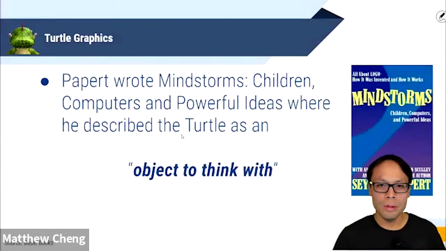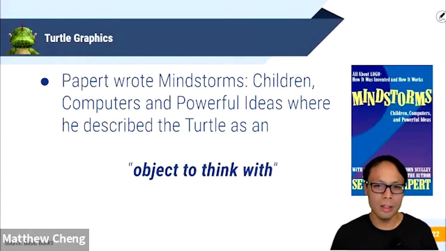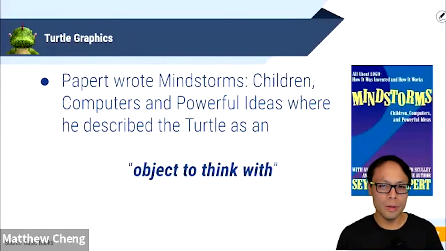Papert wrote a book called Mindstorms: Children, Computers, and Powerful Ideas, where he described the turtle as an object to think with. So this name might sound familiar because it's actually the inspiration behind Lego's Mindstorms, which are robots.